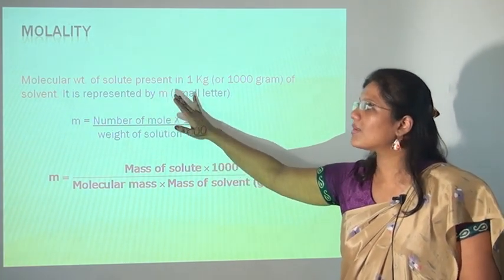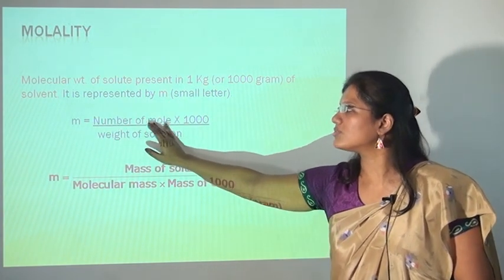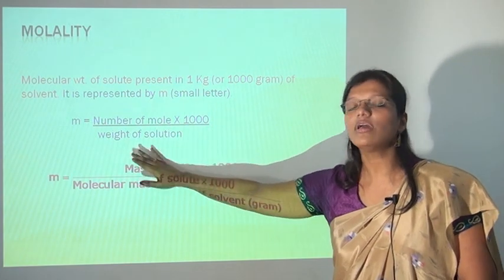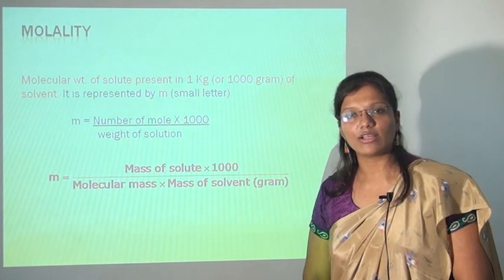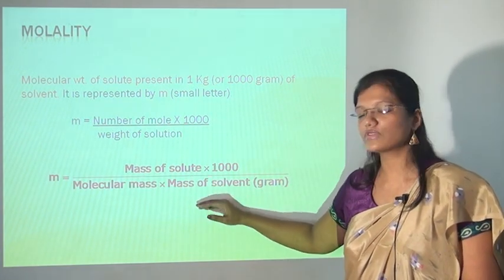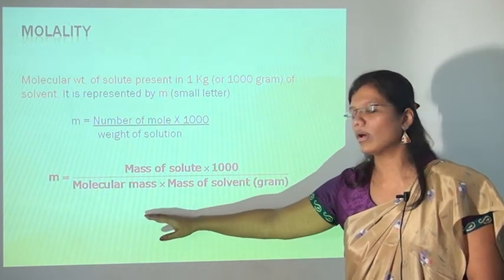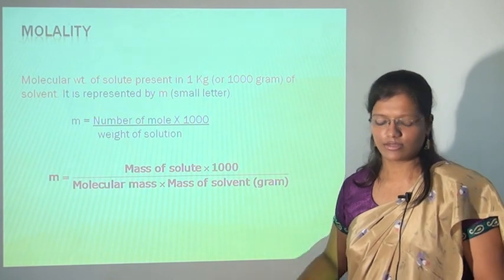It is represented by small m, and the formula is small m equal to number of moles into 1000 divided by weight of solution. This is the practical formula used to calculate the molality of any solution: small m is equal to mass of solute into 1000 divided by molecular mass into mass of solvent in grams.